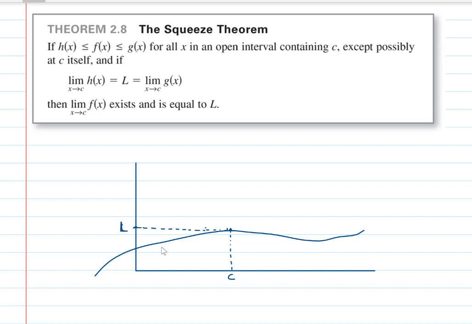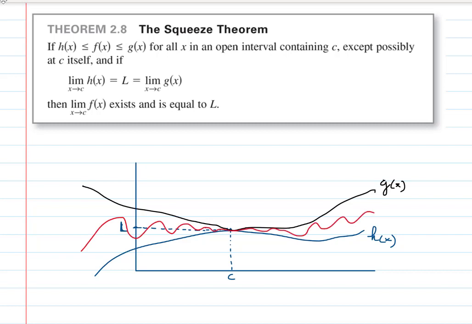So again, we're going to say this is h of x. And then you have a g of x that is a larger function, where the limit of g of x as you go to c is also L. So then for any function in between those two functions, the limit of that function would also be L.